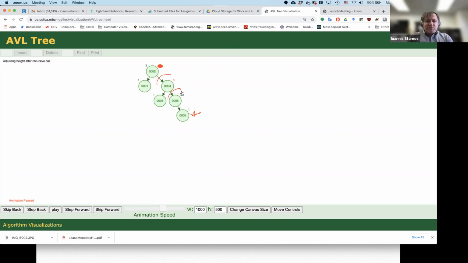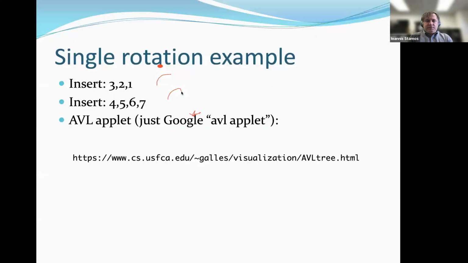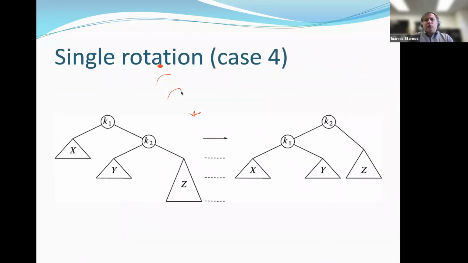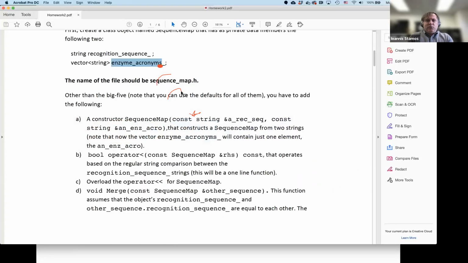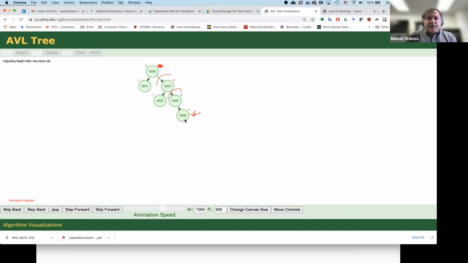And if you see the slides, the right subtree of the right of the violation became higher, and then we just have to do a rotation. So right of 2 is 4, and the right of 4 is where you insert 6. So it's a single rotation again.